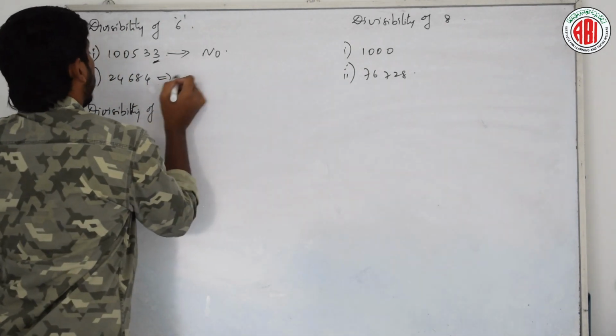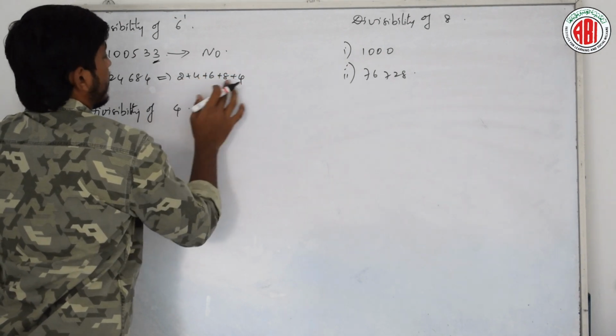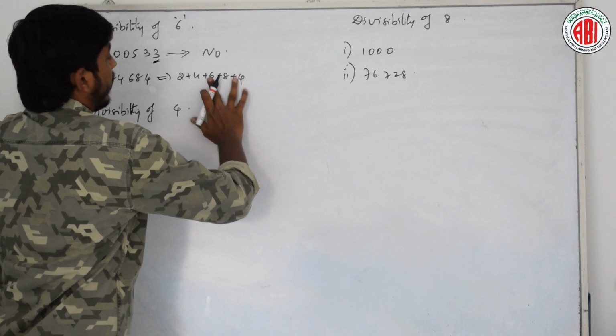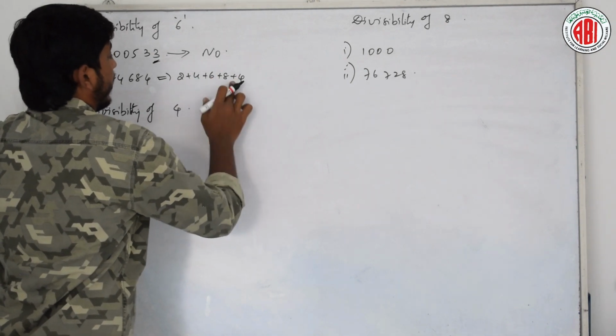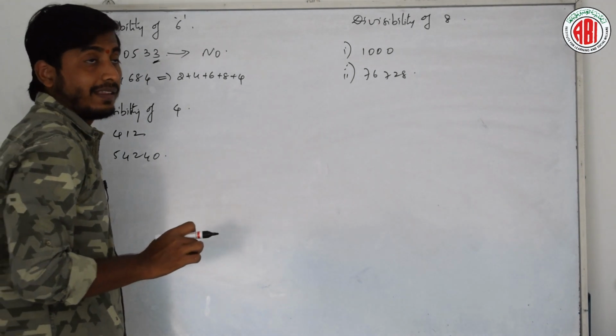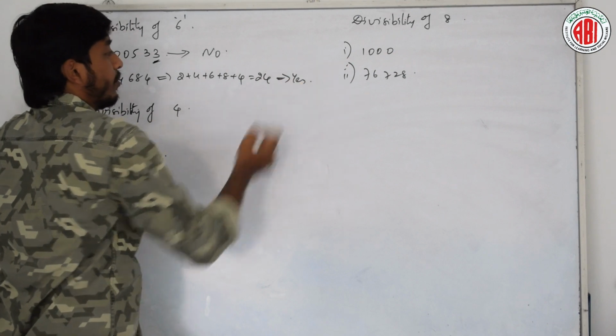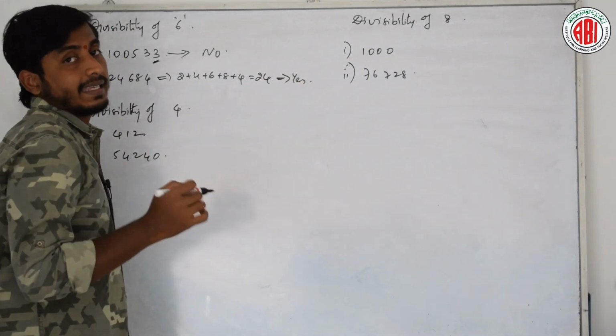Now add 2 plus 4 plus 6 plus 8 plus 4. How much is it? 24. Tell me, is it divisible by 3? Yes, it is divisible by 3 and 2. Therefore, it is divisible by 6.